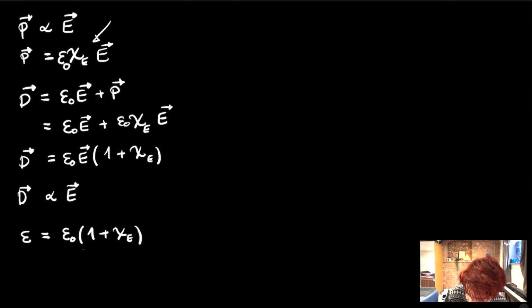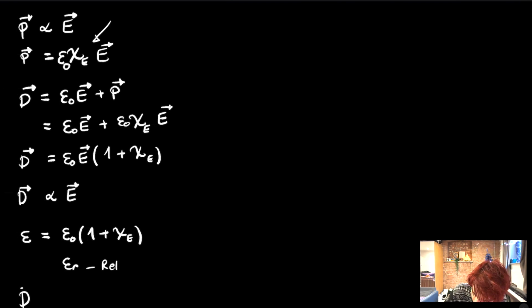And oftentimes you'll see this 1 plus chi E actually written as epsilon R. So epsilon R, the R stands for relative. So this is the relative permittivity. And this is basically the scaling factor that you need to multiply by in order to account for the material. And this is again assuming that you have an isotropic material.